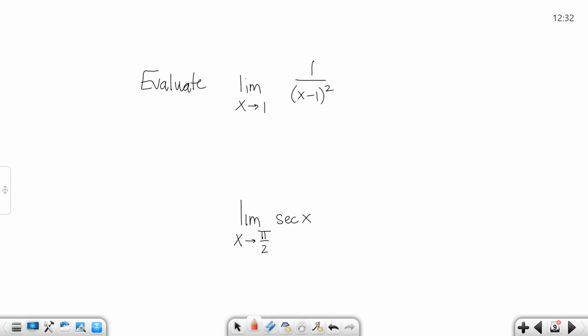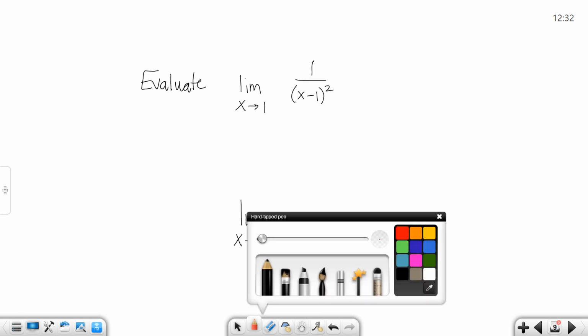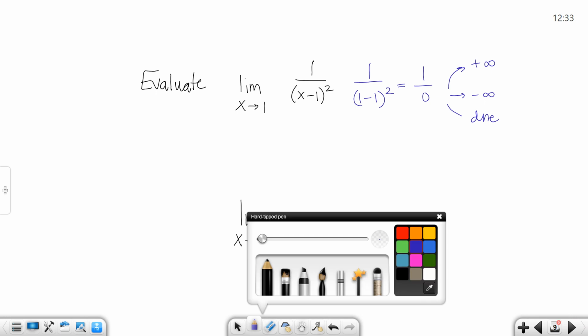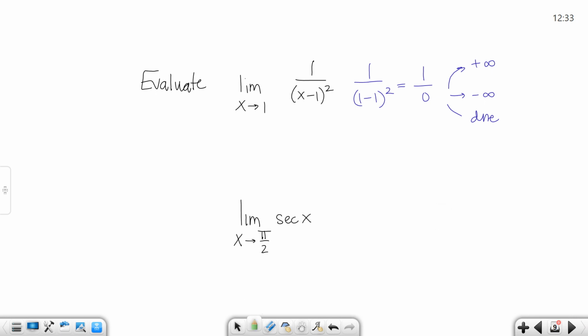Okay, at this first one, we have x goes to 1. So just running through that one kind of quickly. When I plug in 1, I get 1 over 1 minus 1 squared. So that would give me 1 over 0. Okay. The first thing I would do is plug in something on the left side of 1.